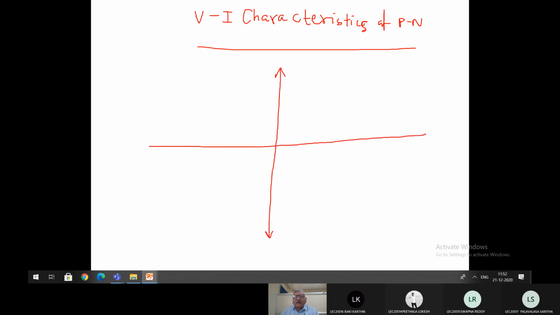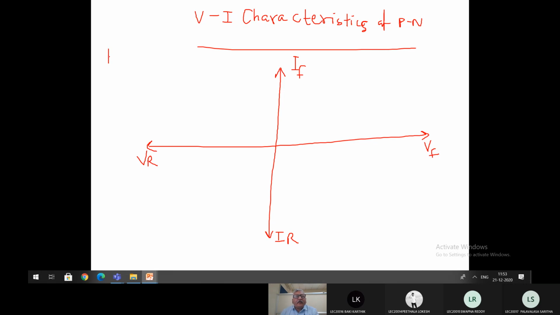This is the x-axis. Here we have applied some forward bias. We denote it by VF, and VR is the reverse bias, IF is the forward current, and IR is the reverse current.